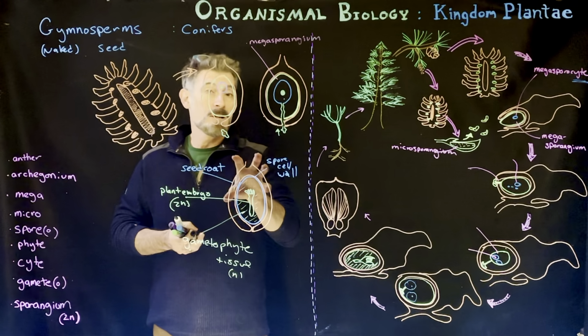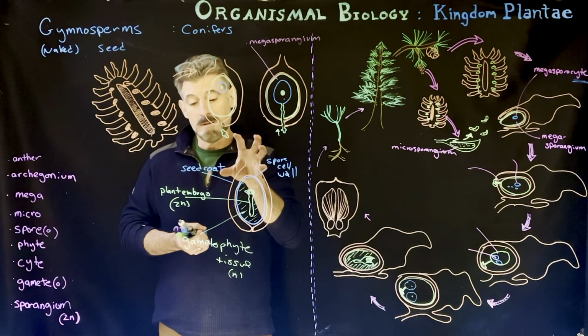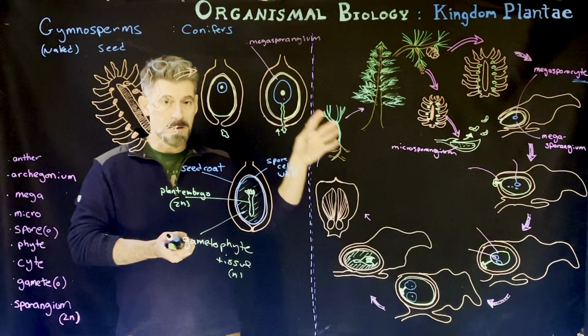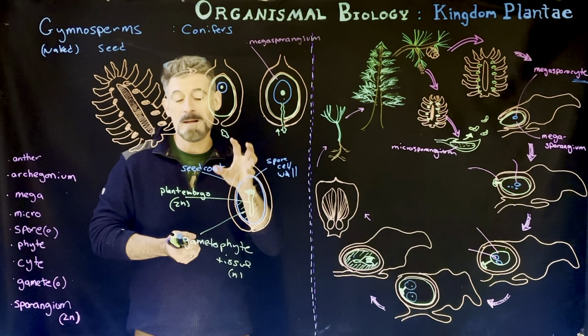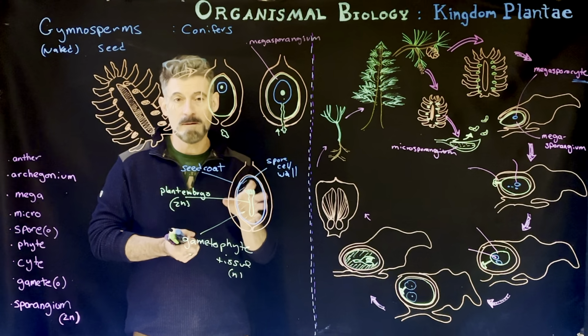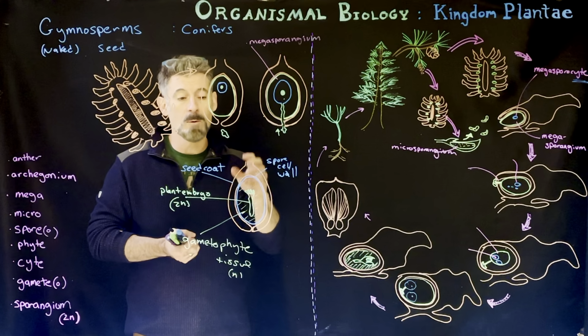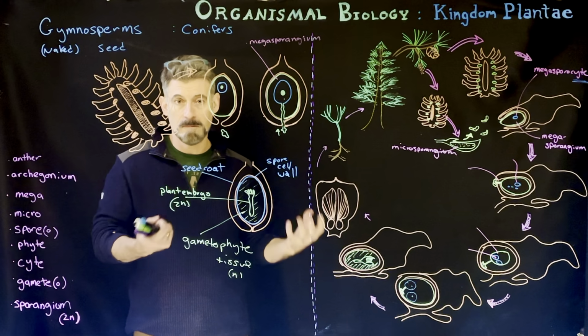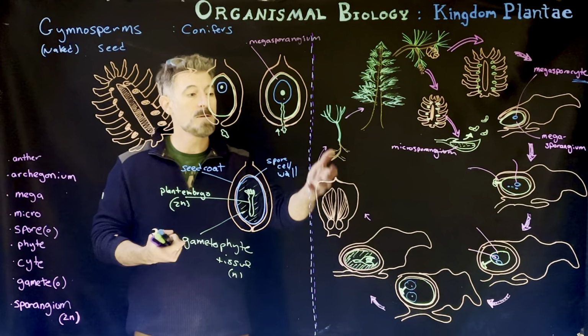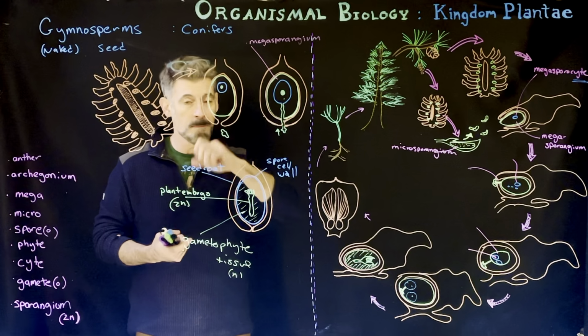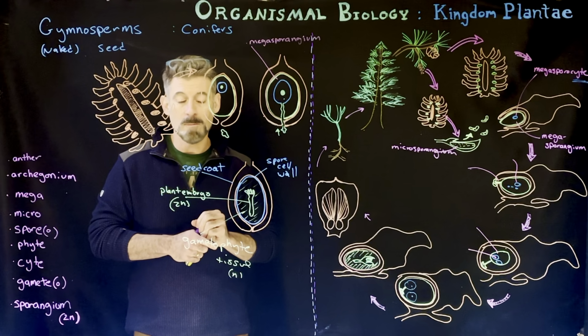So this can then stay dormant. This is another aspect. Not only can it be dispersed without drying out, but it can stay dormant for a very long period of time, years, before it may then continue its development and emerge into a seedling and then develop into a larger adult plant.